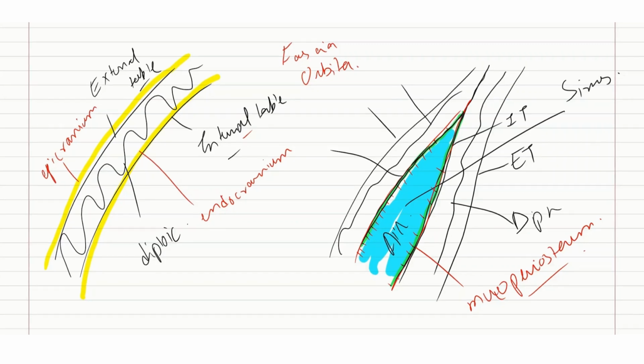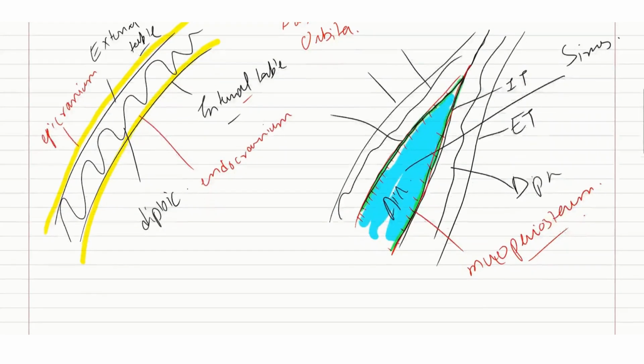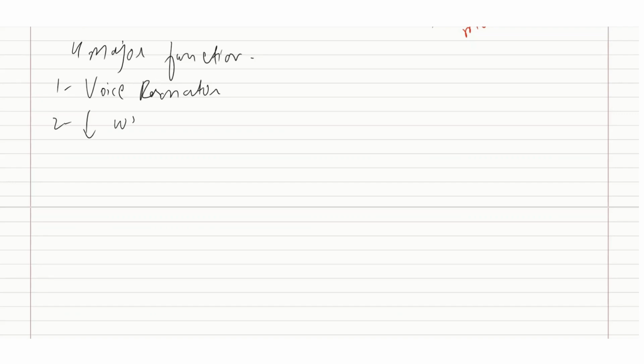Now, what is the significance of these sinuses? They have four major functions. Number one is that they act as excellent voice resonators. They help to reduce the weight of the skull.